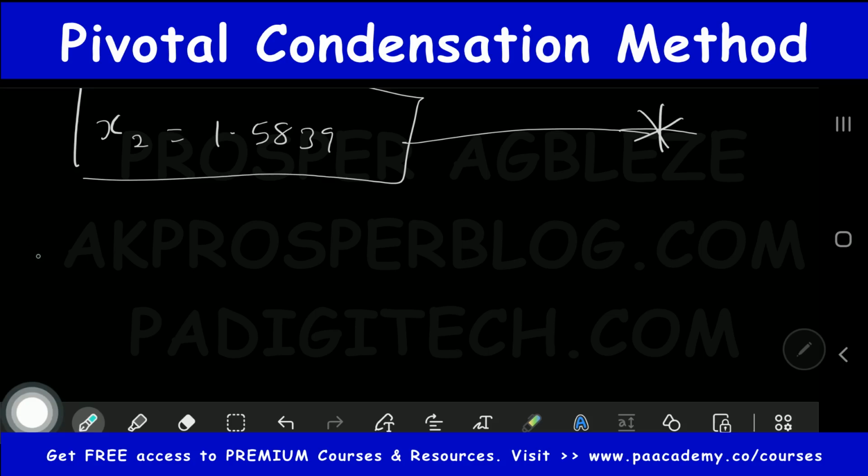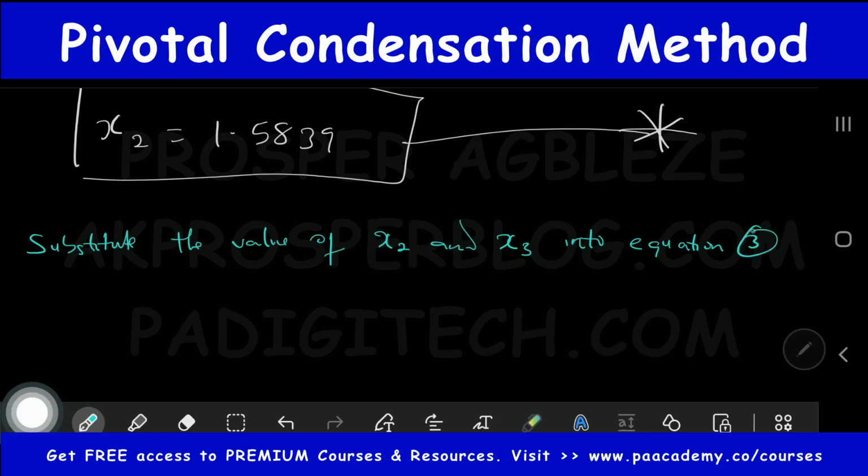x1. For us to get x1, we are going to substitute the value of x2 and x3 into, for this now you can use equation 1, equation 2, or equation 3, but we are going to make use of equation 3. You can use any of the equations. Let me just go ahead and put in those values. That will be minus 2.44 x1, then plus 1.22.